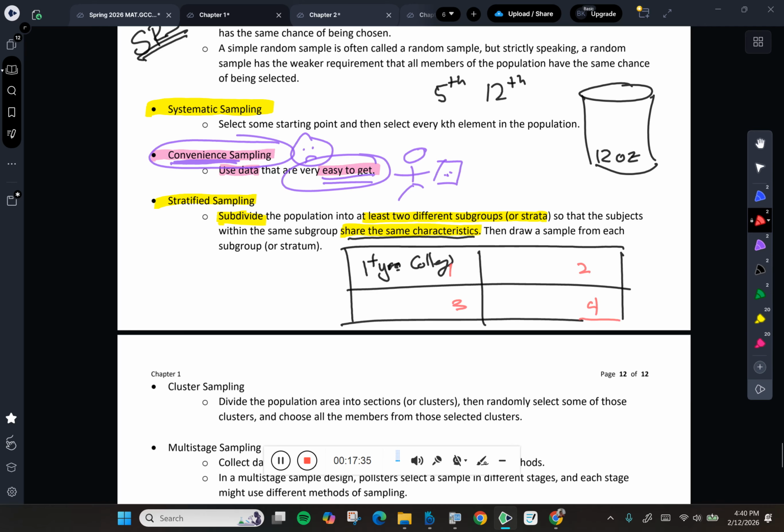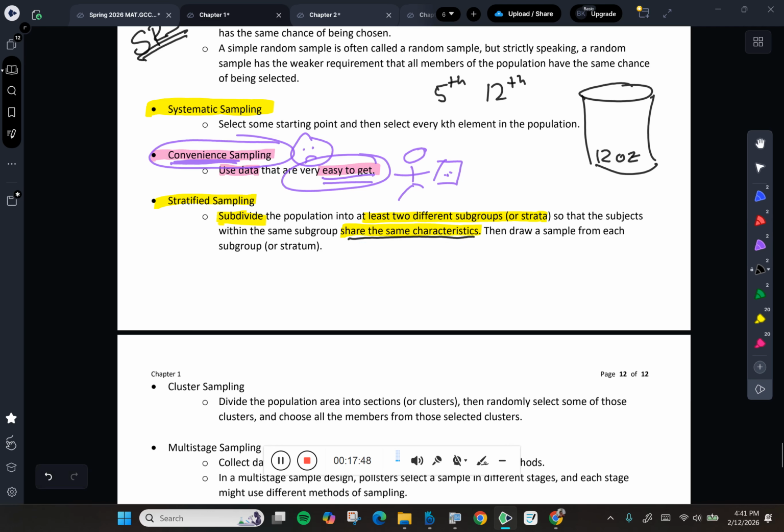Now, why would I need 4 samples from 4 different groups? I don't know. That just might be how I want to gather my data. Or maybe I'll stratify it a different way. Maybe I'll stratify it by income. And these are the people who make up to 50 grand a year, these make up to 100,000 a year, these make up to 150,000 a year, and so on and so forth.